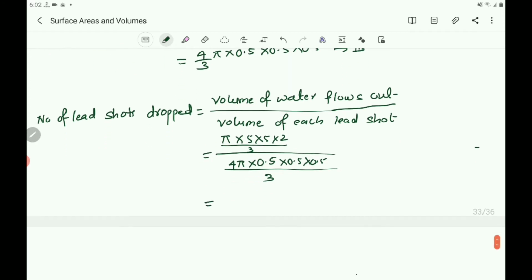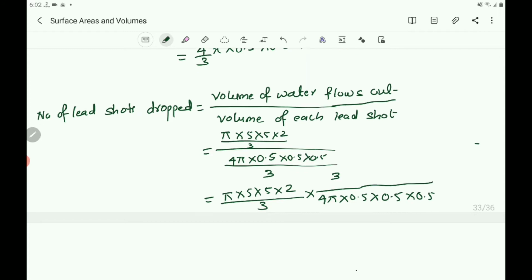Now here you take the reciprocal of this one. You write the numerator as it is, 5 into 5 into 5 into 2 by 3, into, you must write the reciprocal of the denominator, 3 by 4 pi into 0.5 into 0.5 into 0.5.